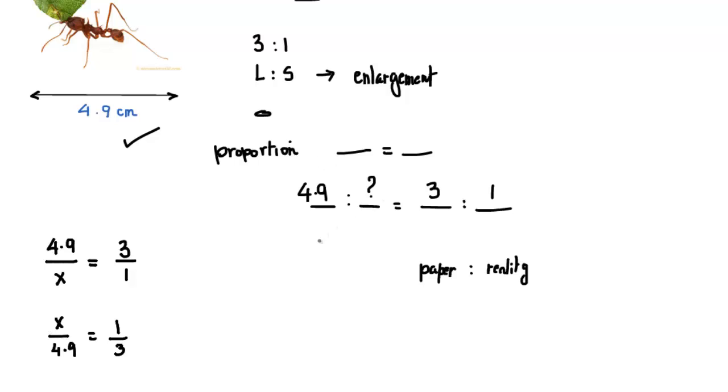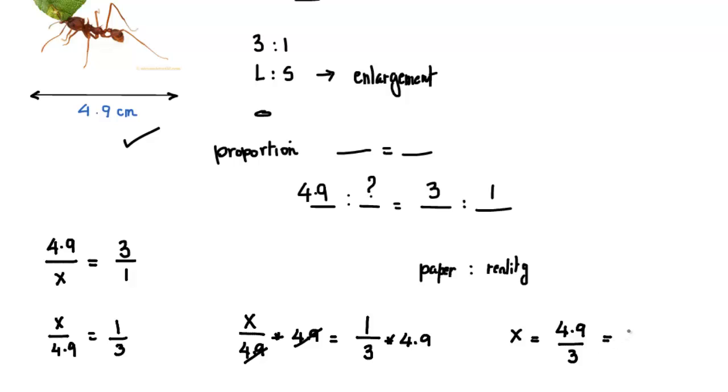As we noticed before, we can do it in an algebraic way. I have x over 4.9. To isolate the x, I need to multiply this side by 4.9, so I can simplify 4.9 with 4.9. But I cannot do this on the left side and neglect the right side. I have to make the same change: 1 over 3 times 4.9. Now I have x equal to 4.9 times 1, which is 4.9, divided by 3.